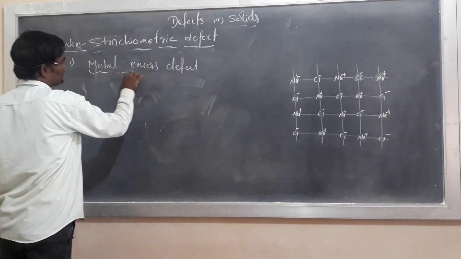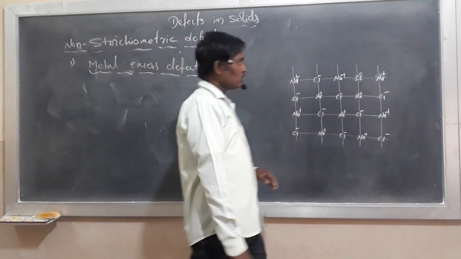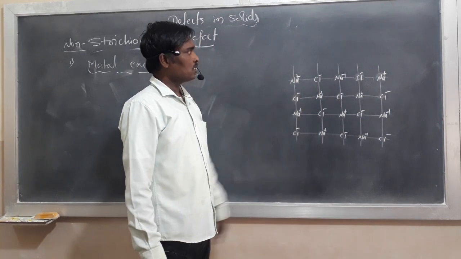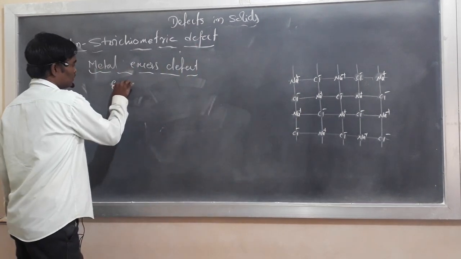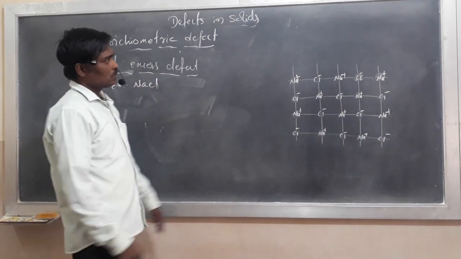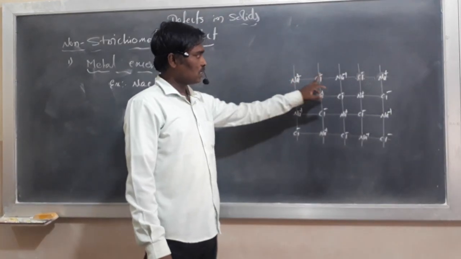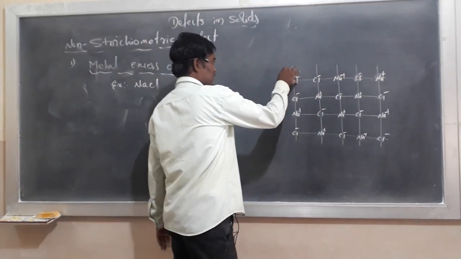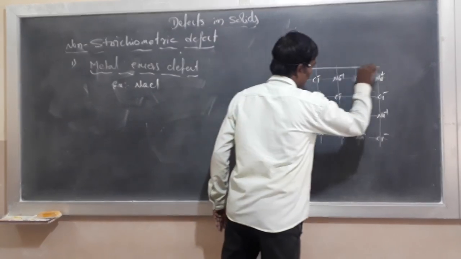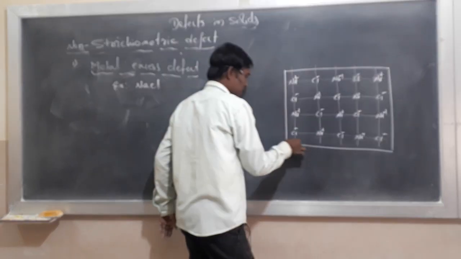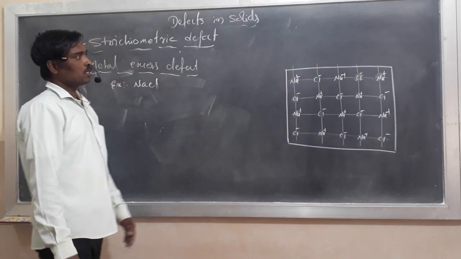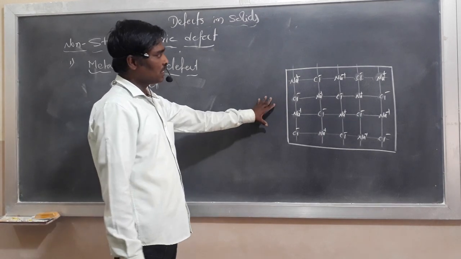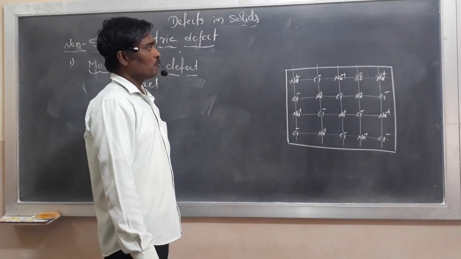In metal excess defects, to explain that, I am taking one sodium chloride crystal. So this is the arrangement of sodium and chloride ions, taking NaCl as the example here. The number of sodium ions and chloride ions is in the ratio of 1:1. Now say this sodium chloride crystal is heated in an atmosphere of sodium, that means in the presence of vapors of sodium.